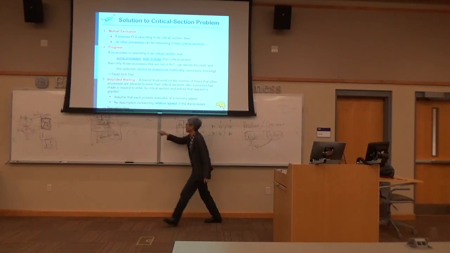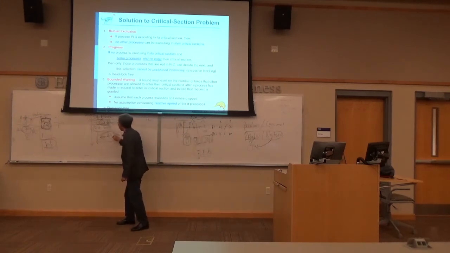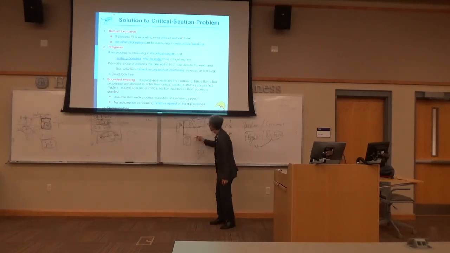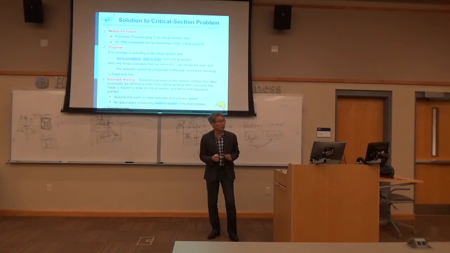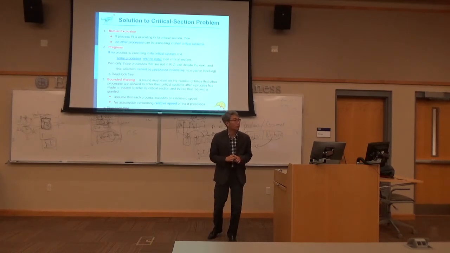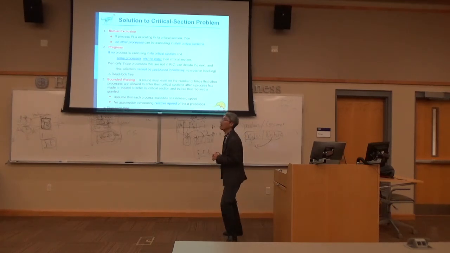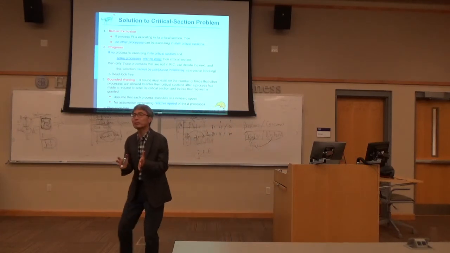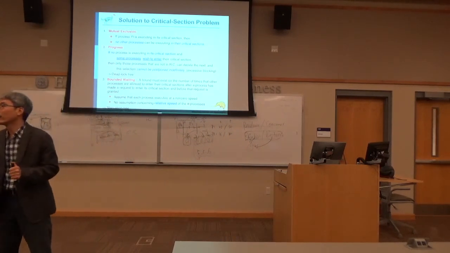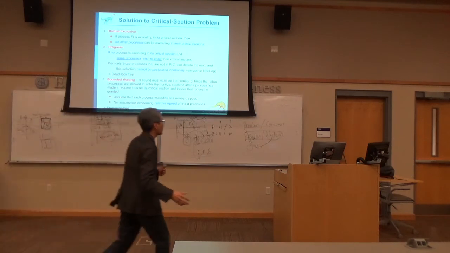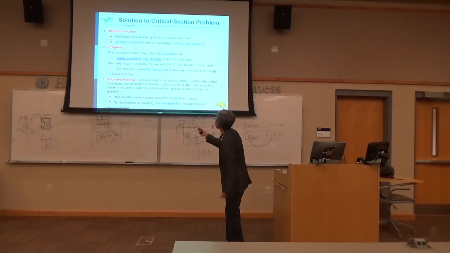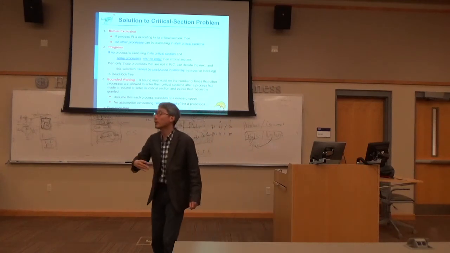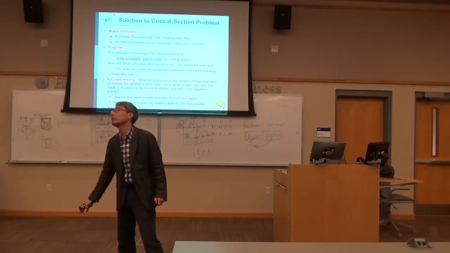So when process A returns the key, it should go to one of these. Then one of these can enter the critical section to use the shared data. So this is progress. Progress means that, unless there is infinite waiting, eventually one process will be selected.